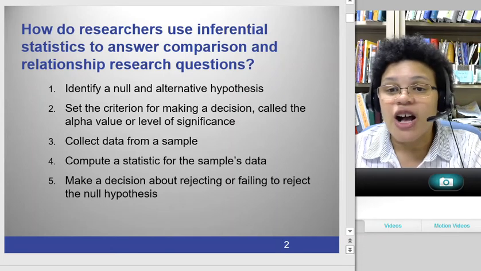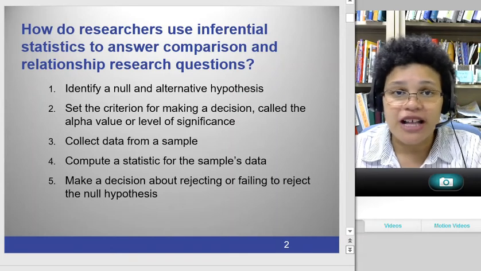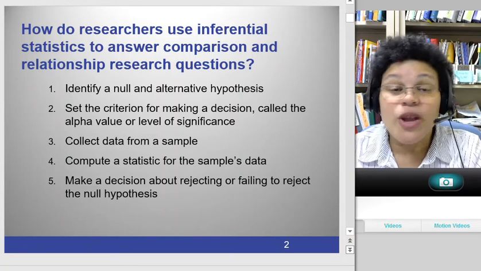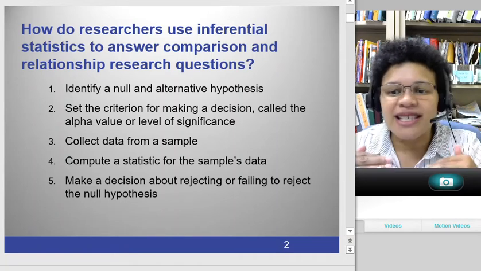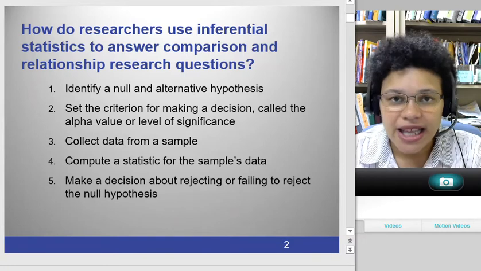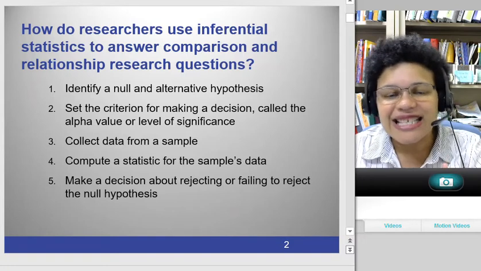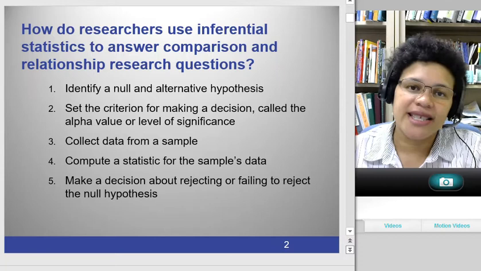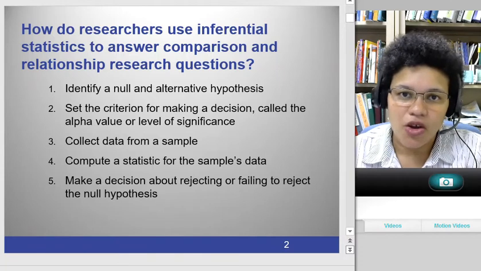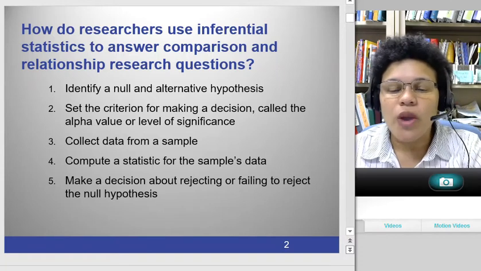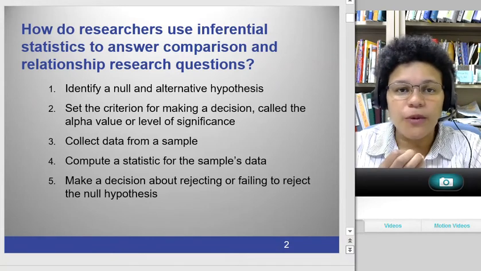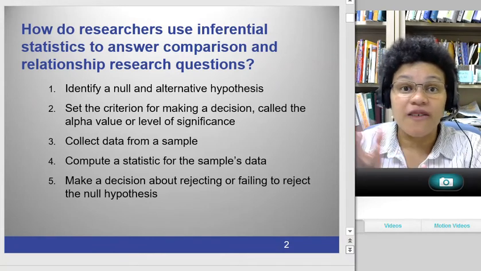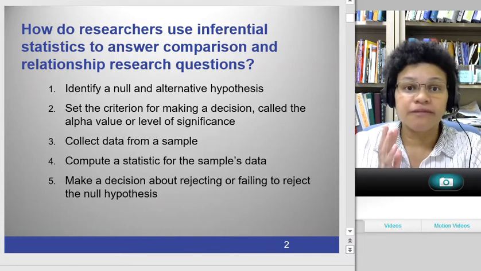So 0.05 is almost always the alpha level. We collect the data from our sample. Now we're computing a statistic for the sample's data, and our idea is that our hypothesis relates to the population. So we have a sample, a smaller group of people that we hope are representative of a larger population.